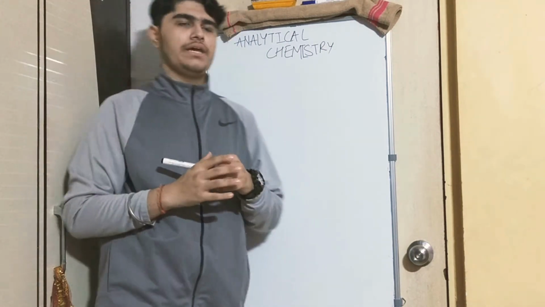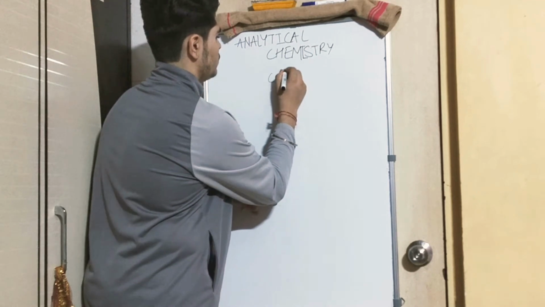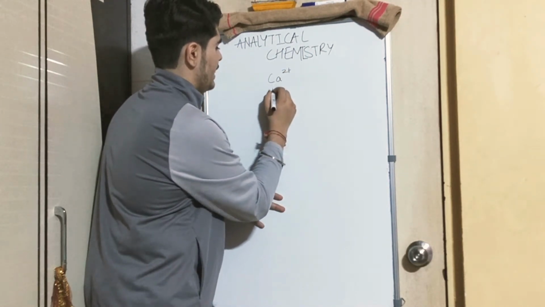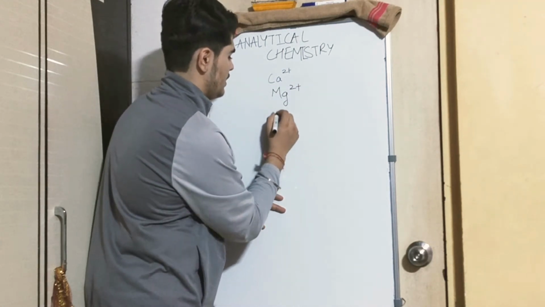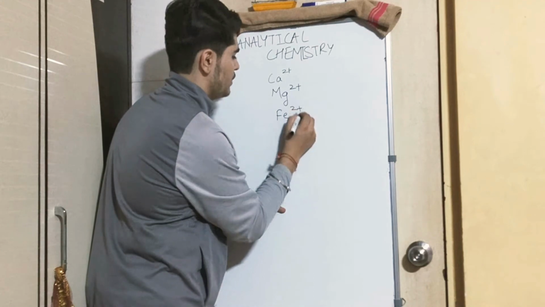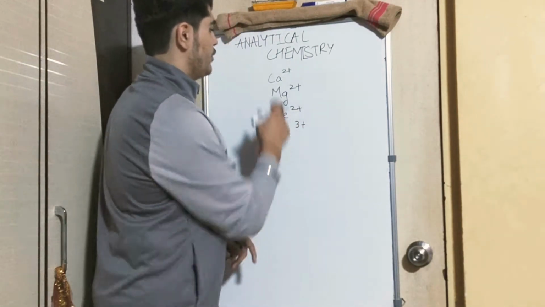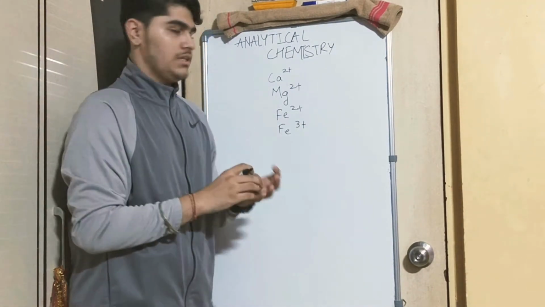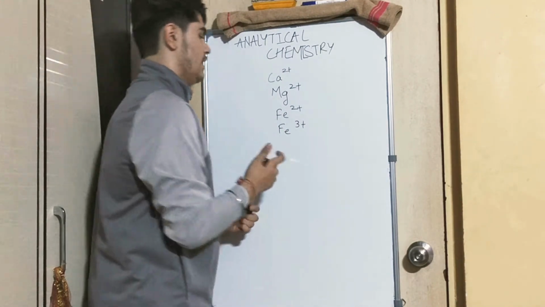We are going to take Ca2 plus, Mg2 plus, Fe2 plus, Fe3 plus. We are going to observe the precipitates which come out of these when these ions react with the anions.